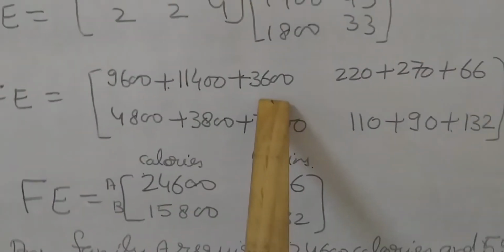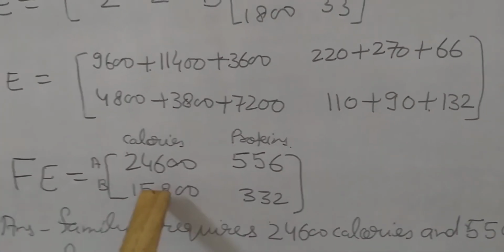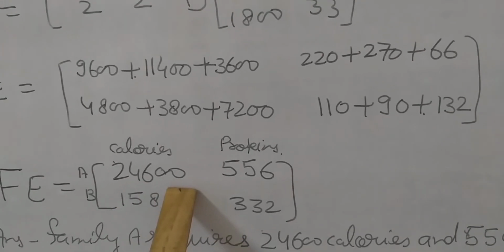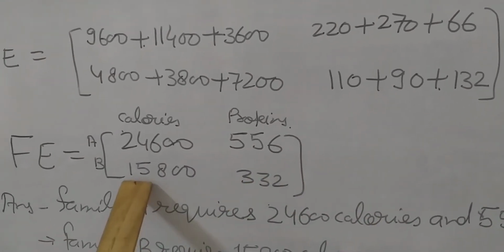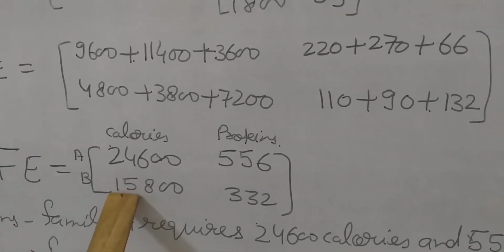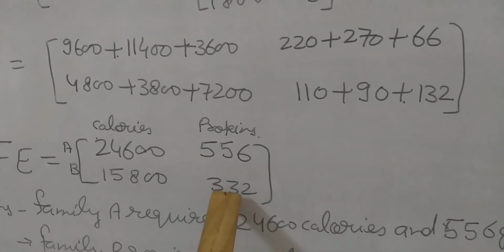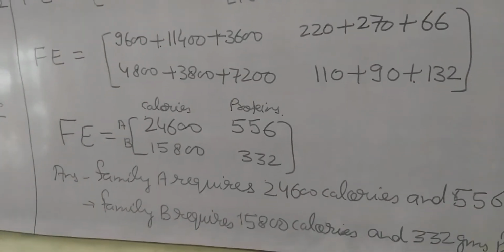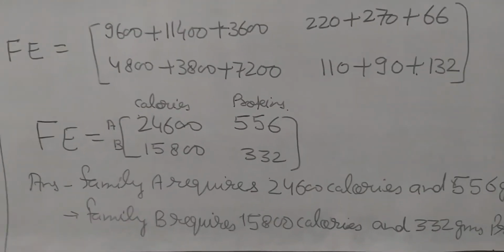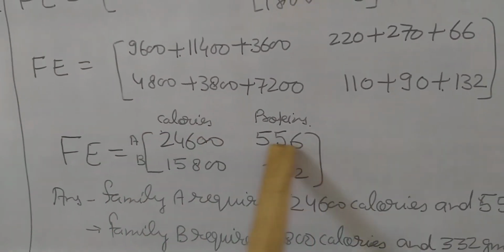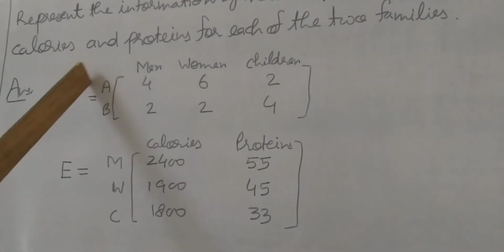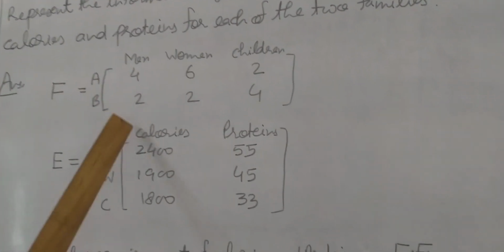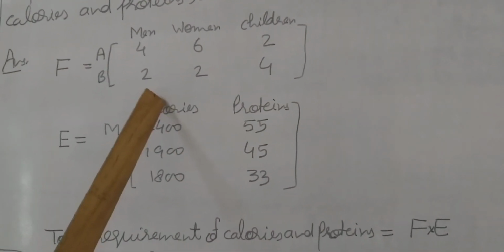Now when we add this, the product equals 24,600 and 556. In the second row, 15,800 and 332. So student, this is for family A and this is for family B. We have taken 2 by 2 student. So this 2 will come here, this side, and this 2. Correct?